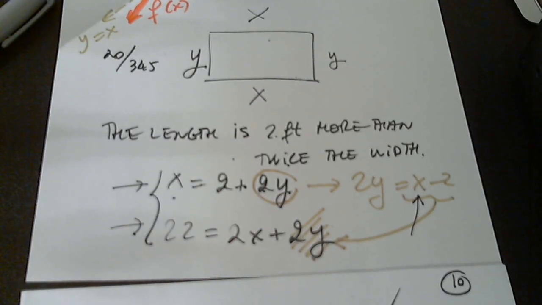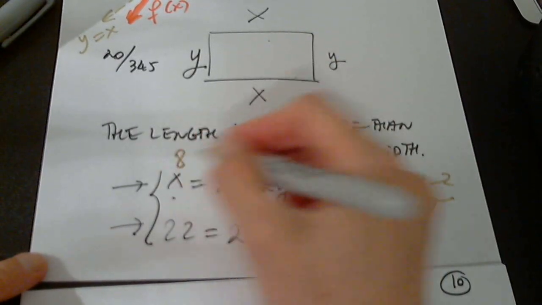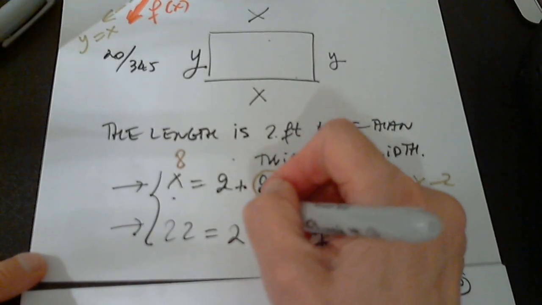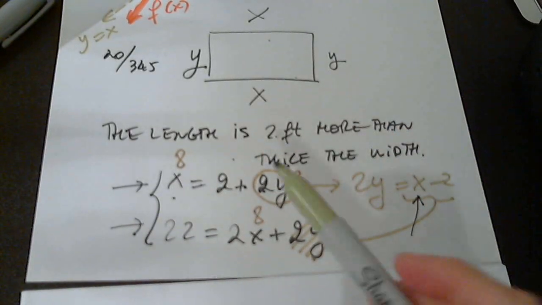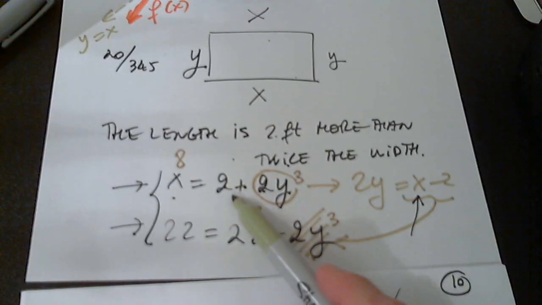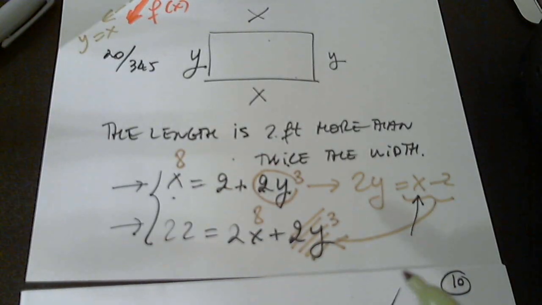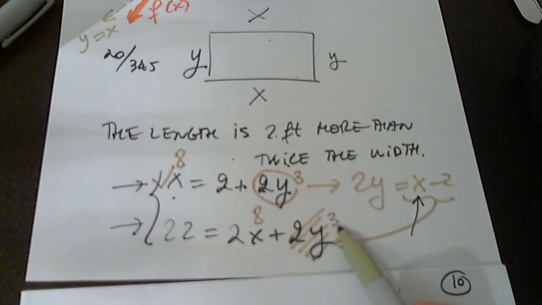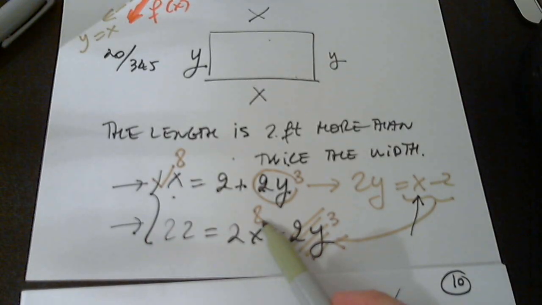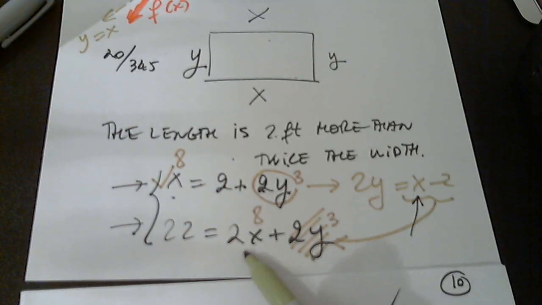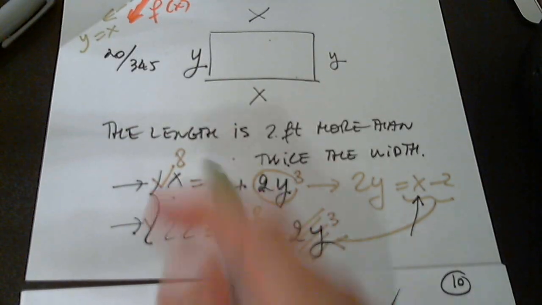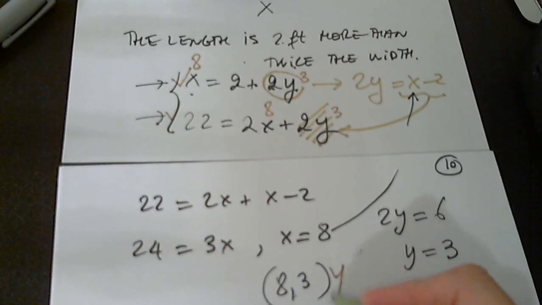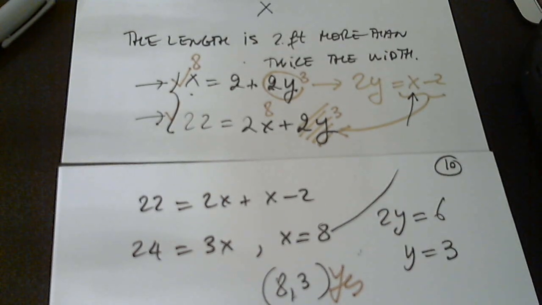So let's try. 8 and 3. 2 times 3 is 6. 6 plus 2 is 8. Perfect. This works. 2 times 3 is 6. 2 times 8 is 16. 16 plus 6 is 22. Yes. And now I know. The length is 8 feet and the width is 3.